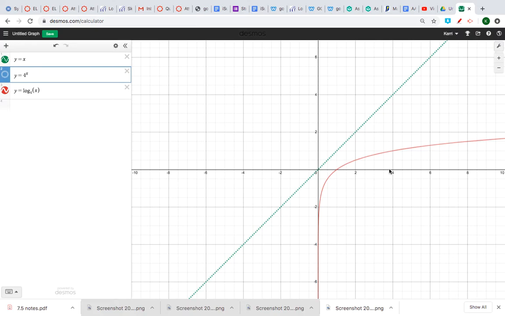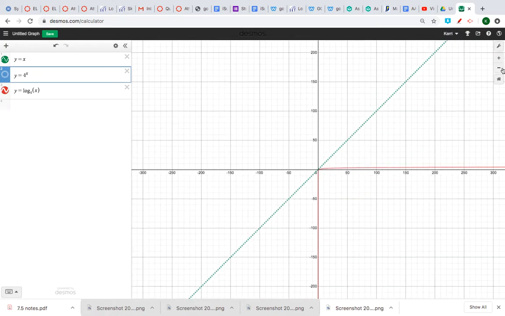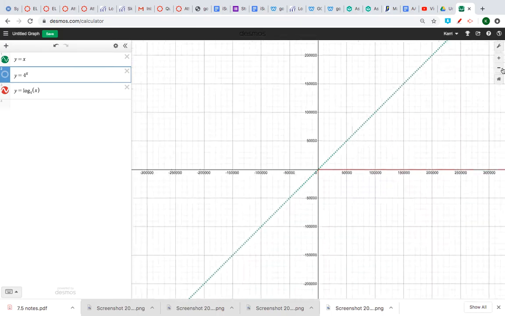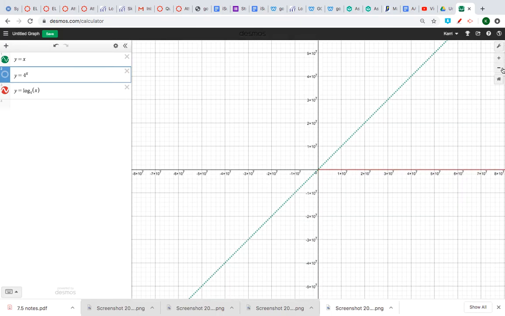The range is all y values. And we can see that it is going to go on forever and ever in the negative direction. So it's going to include all negative y directions. It doesn't happen as quickly, but eventually, if I were to zoom out forever, it could eventually get away from that line.